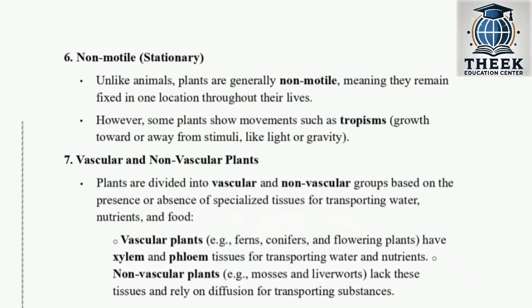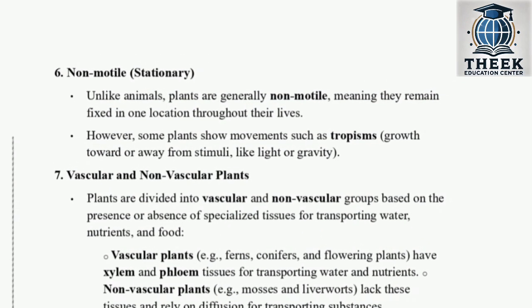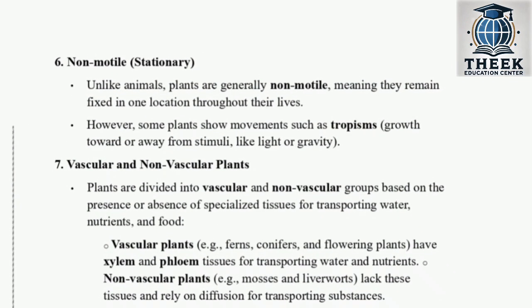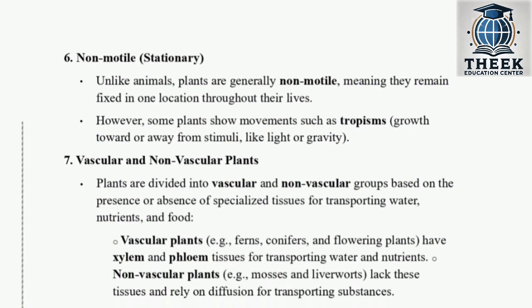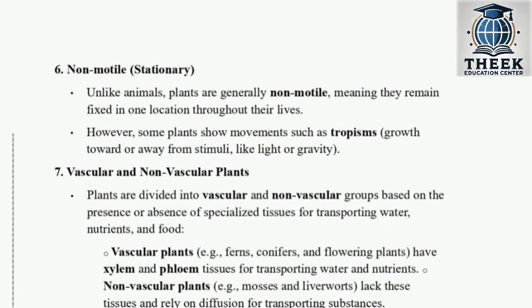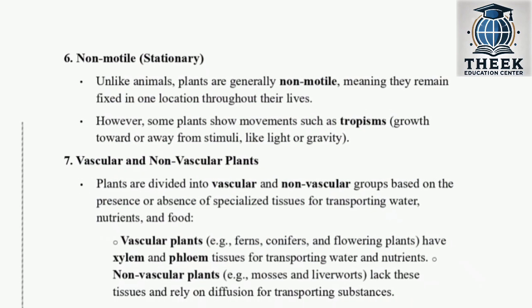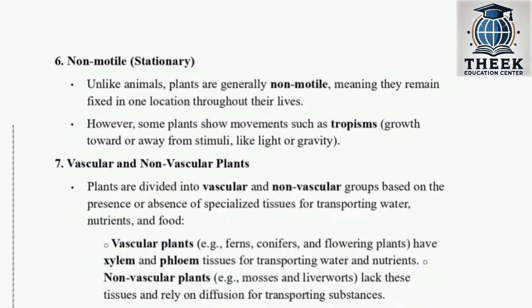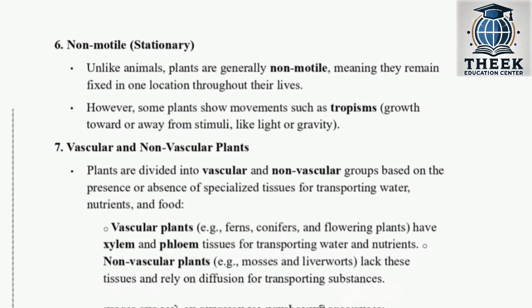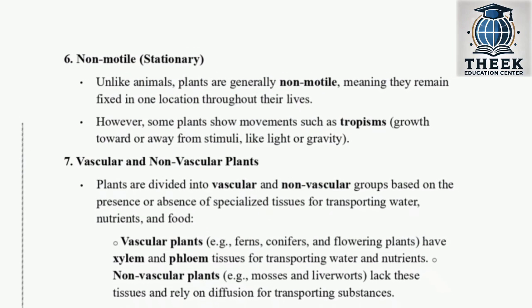Seven, vascular and non-vascular plants. Plants are divided into vascular and non-vascular groups based on the presence or absence of specialized tissue for transporting water, nutrients, and food. This is also a feature that identifies plants from other organisms.